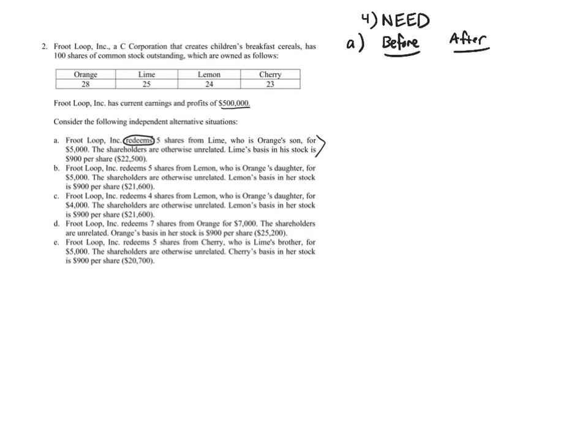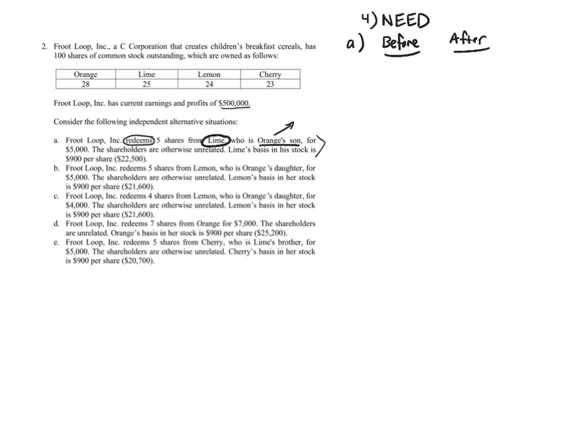So what I'm saying is, we're told in the problem that Lime is who's being redeemed. That's the party at issue. But Lime is Orange's son.